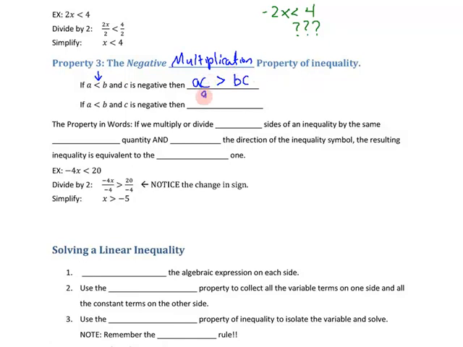And if I want to divide both sides by a negative number, the sign has to switch directions. In fact, because I have to flop the sign over, I call this, this is my own word for it, the flop rule. Meaning I'm going to flop the sign over whenever I multiply or divide both sides by a negative number.